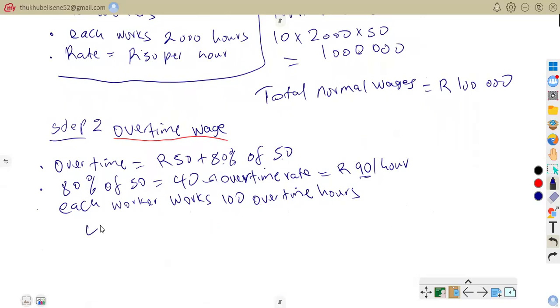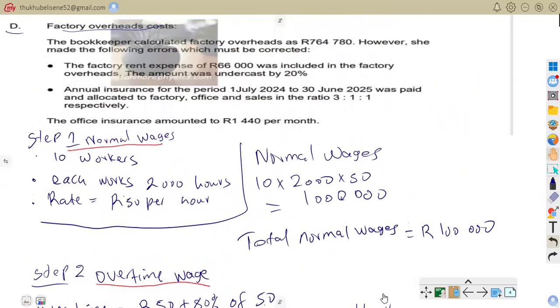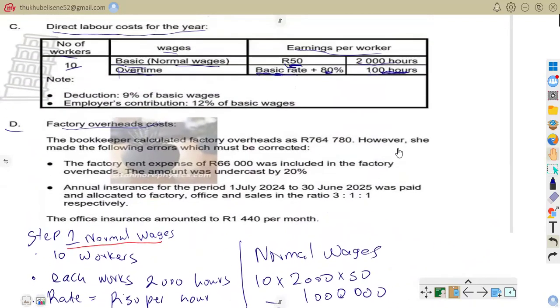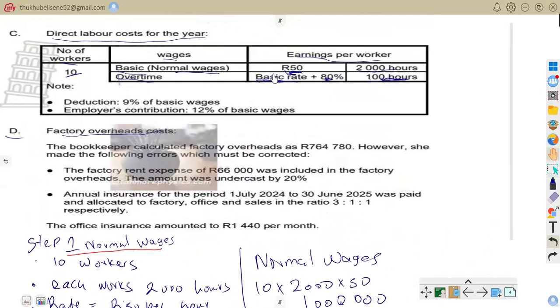So when you say 40 plus 50 now, why are we saying 40 plus 50? If you can remember well, we were told, good people, that our overtime is basic rate, which is 50, plus 80% of our normal rate wage.